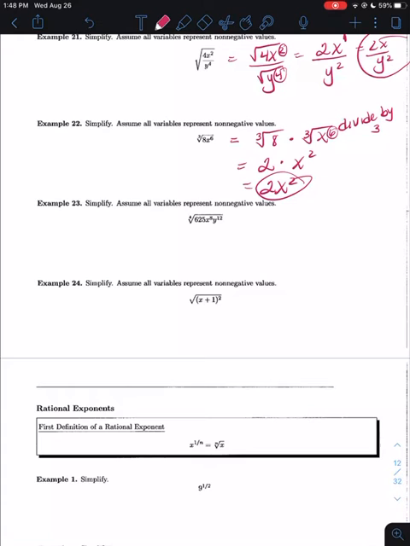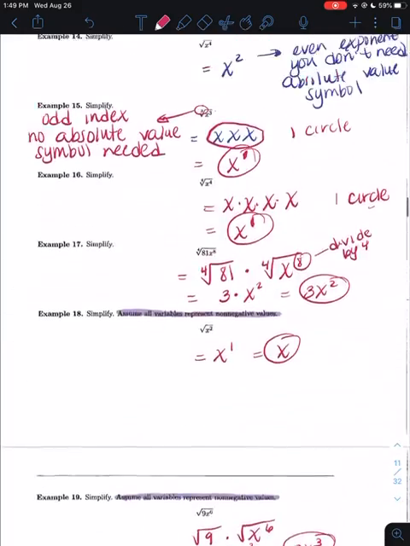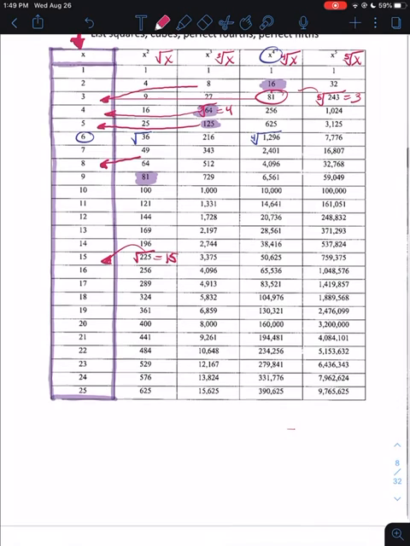Then when I get to this next part, the fourth root. So this is the fourth root of 625 times the fourth root of x to the 8th times the fourth root of y to the 12th power. All right, that's a 625. So I'm going to go up to my chart and see if 625 is a perfect number in the fourth root column.